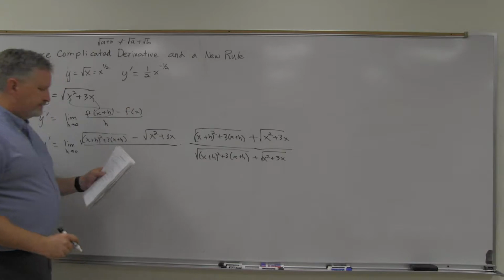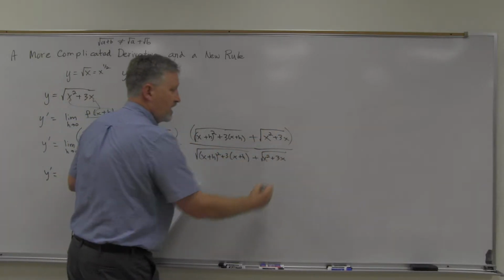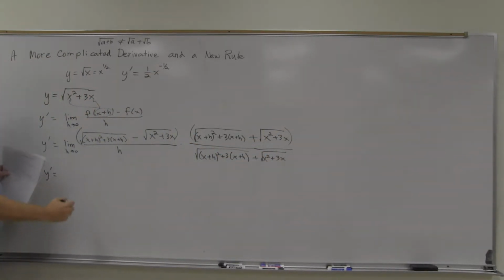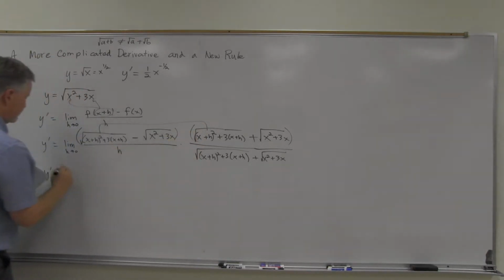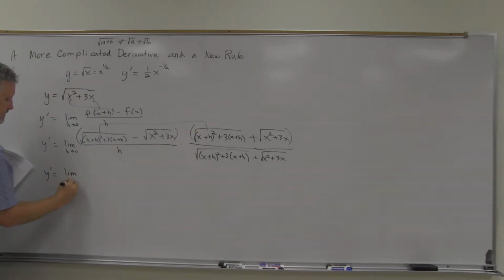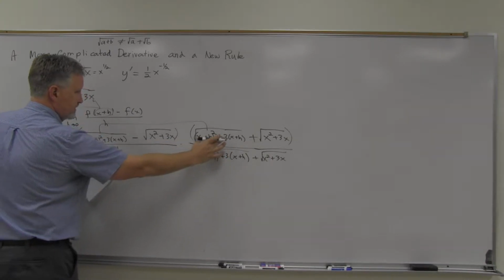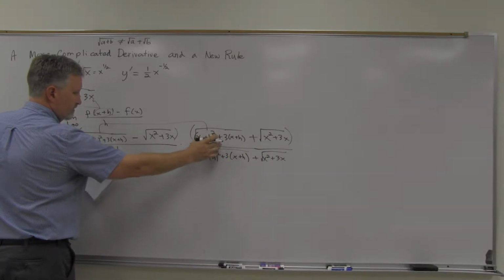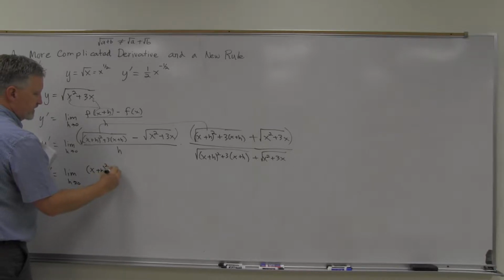Okay. Well, of course, for line 4 then, when I multiply the conjugates on the top together, what happens? This times this, those square roots cancel, so I have the limit as h approaches 0 of this times this without the square root. So the square roots would make it just be x plus h squared plus 3 times x plus h.